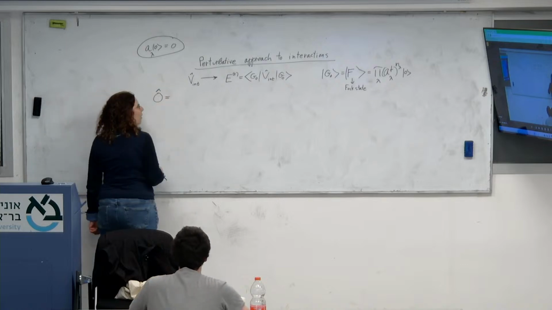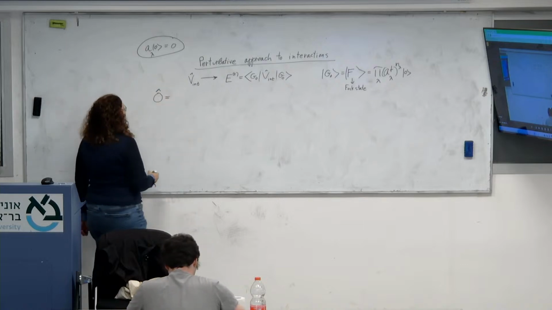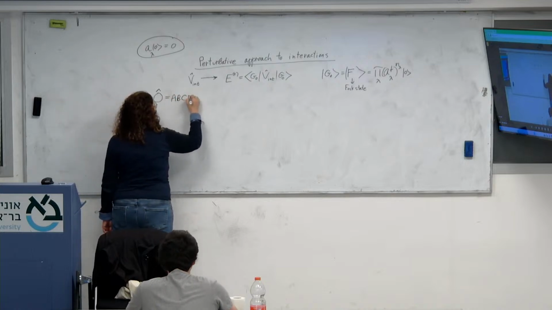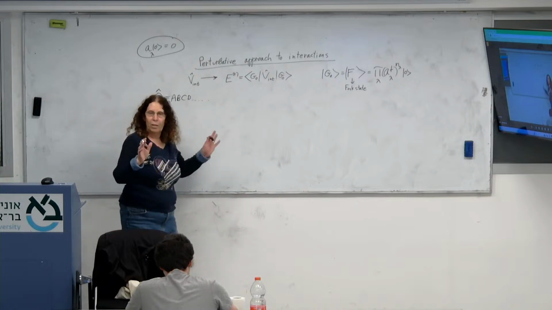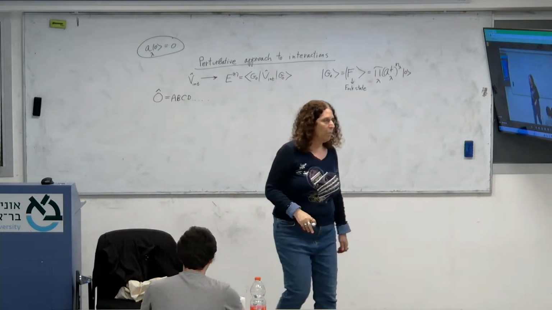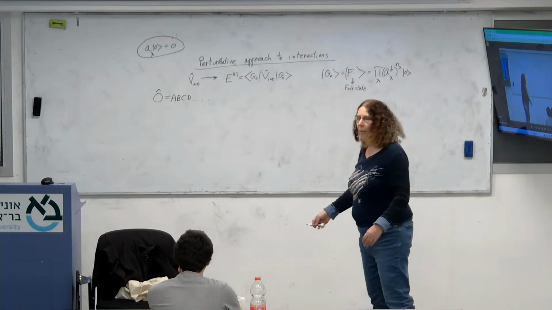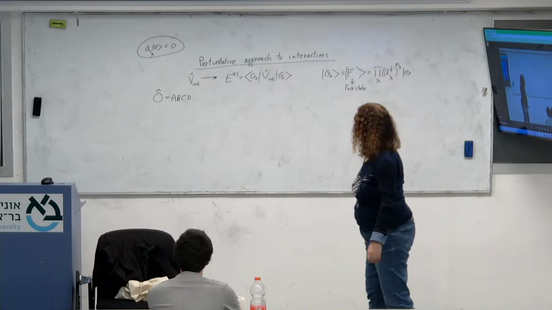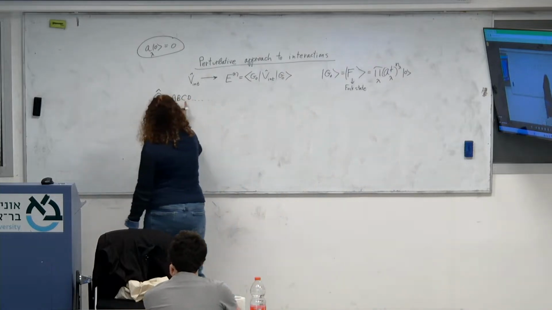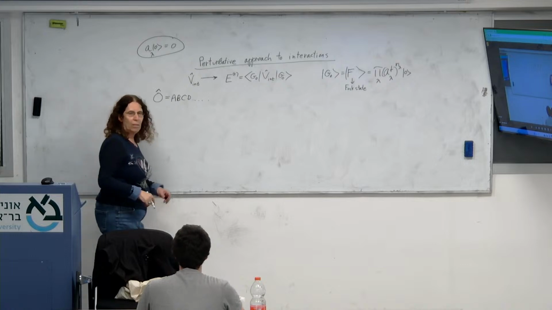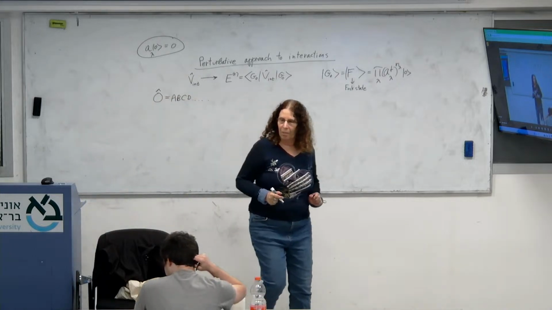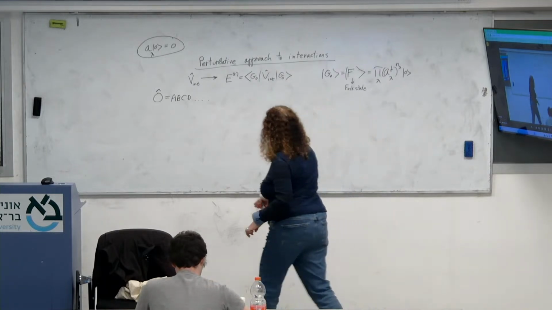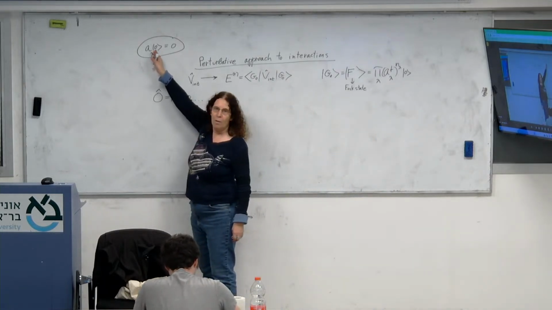Okay. Now, to do that in general, let us first consider an operator that is a product of some string of many operators. It can be 2 body, 17 body, doesn't matter. Some operator. And the A's and B's are A's and A daggers. And I'm assuming I have some vacuum.